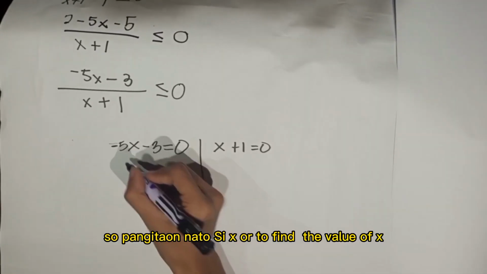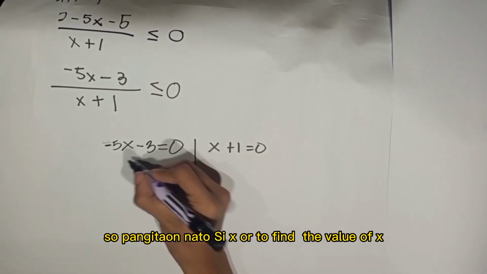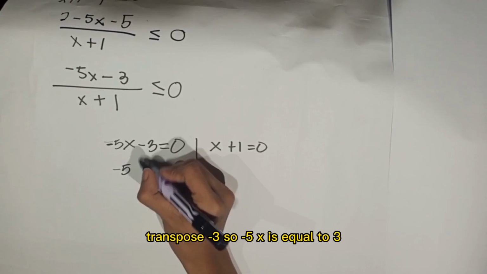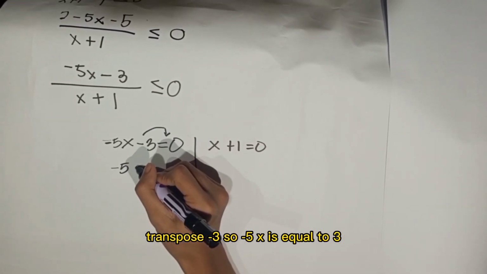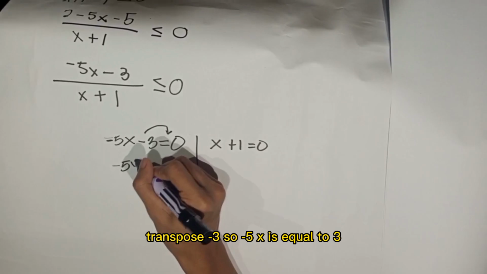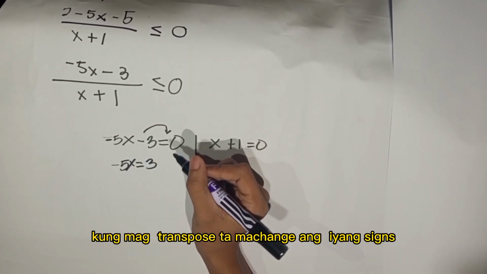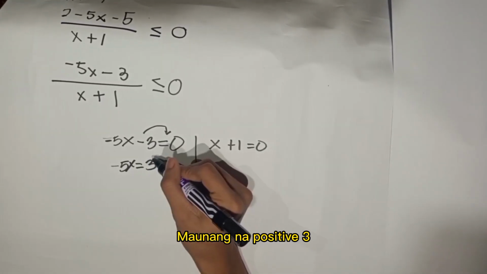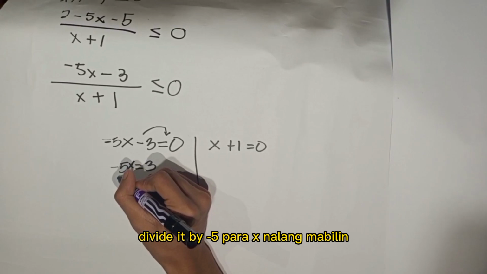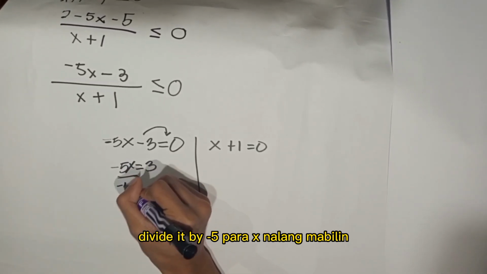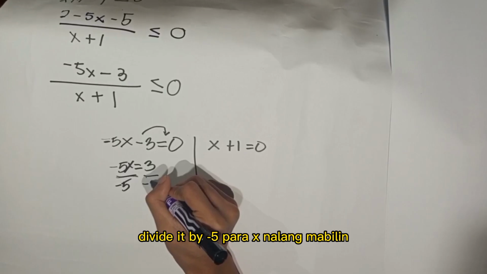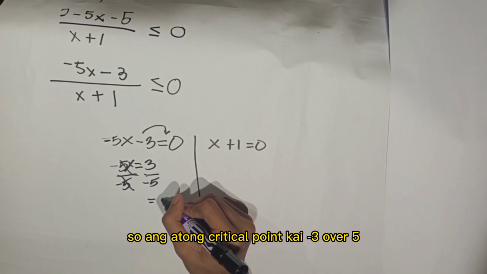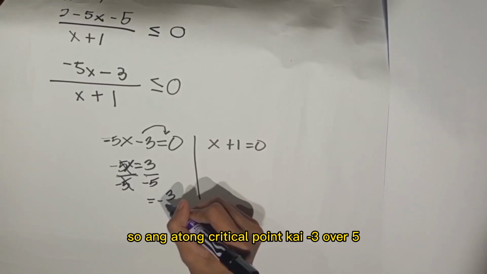so pangitaon na nato si x, or to find the value of x. Transpose negative 3, so negative 5x is equal to 3. Kung mag-transpose ta, ma-change ang iyang signs. Mahimo na positive 3. Divide it by negative 5 para x na lang ang mabilin. So, ang atong critical point kay negative 3 over 5.